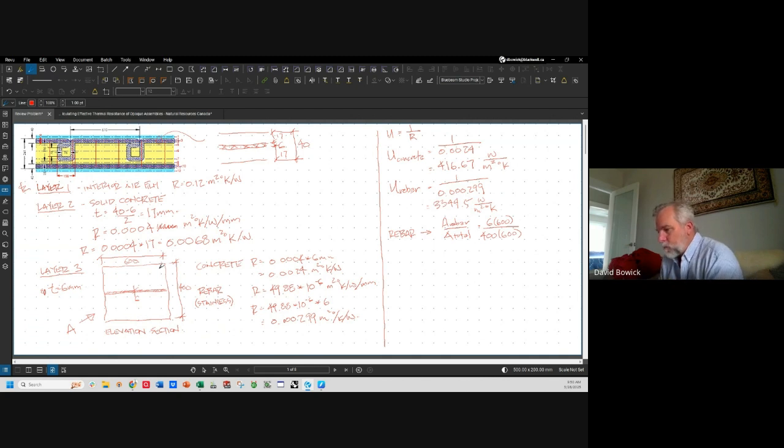So why did I choose 600 by 400? I could have chosen anything. It happens that 400 is convenient because that's the spacing of my horizontal bars, or of my block lock is at 400. So 400 was convenient vertically, and 600 is the module.